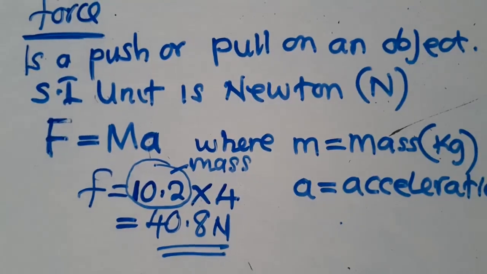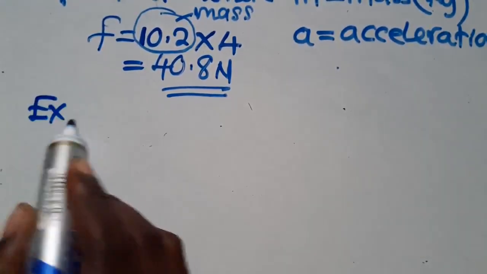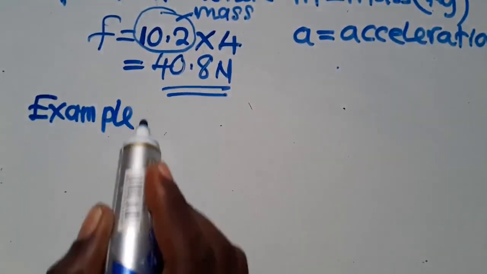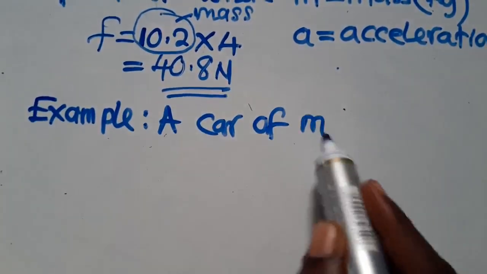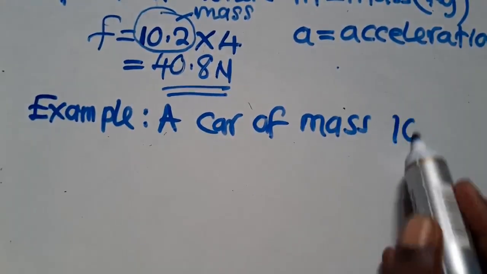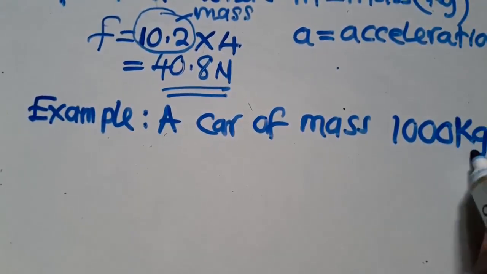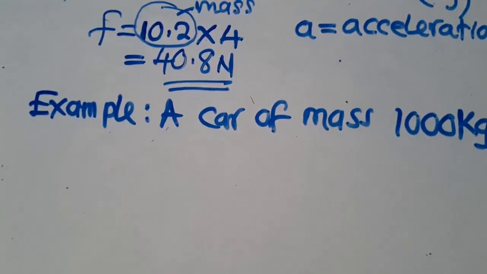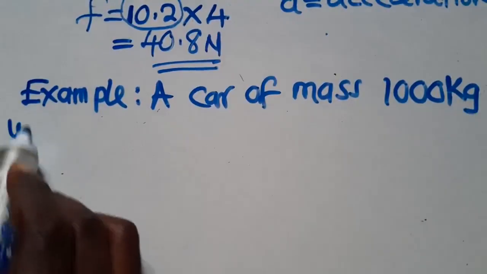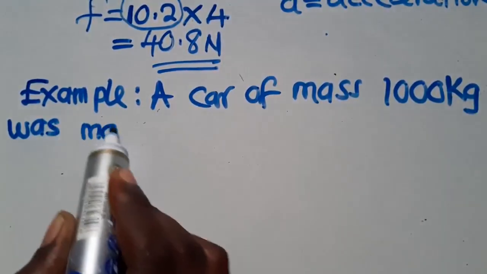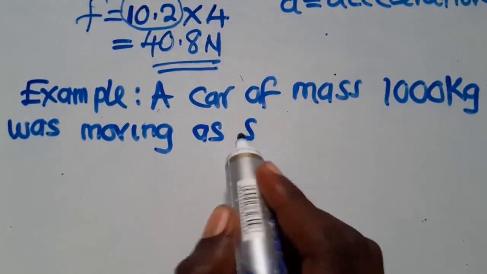Let me give an example. Let's take one example. A car of mass 1000 kg was moving as shown below.